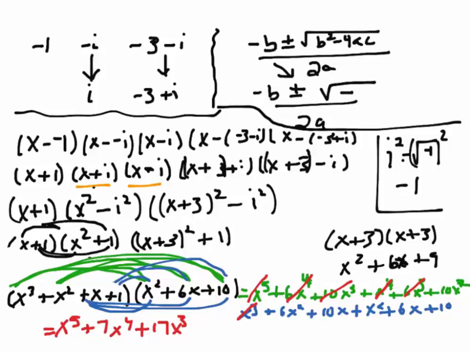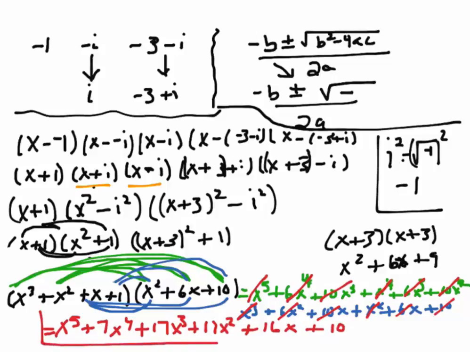And then 10x squared plus 6x squared would be 17x squared. And then these two would make plus 16x, and then you have your plus 10. So all that in red is your final answer. All that work just to come out with that.